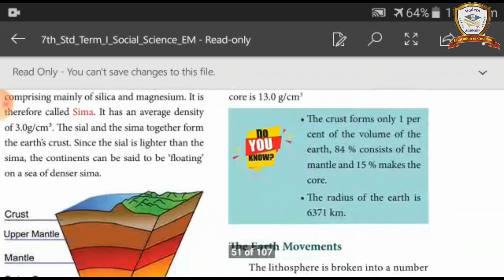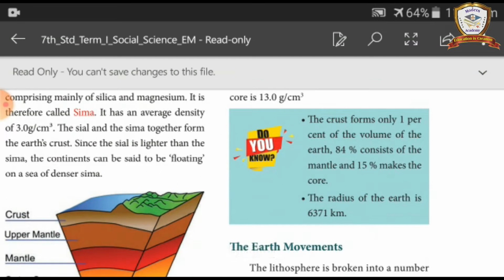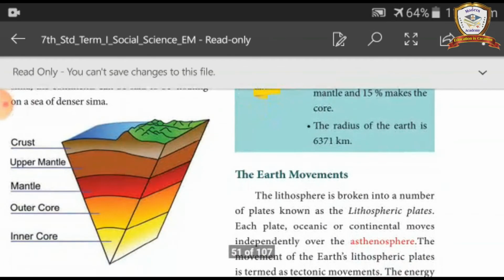Do you know, the crust forms only 1% of the volume of the earth, 84% consists of the mantle and 15% makes the core. The radius of the earth is 6371 km.